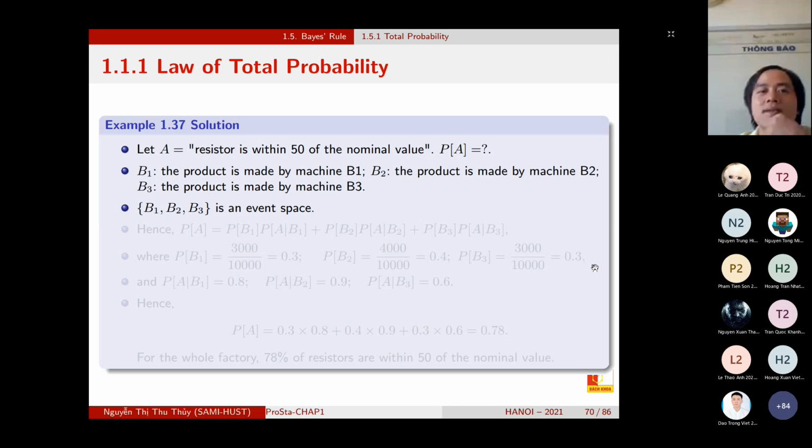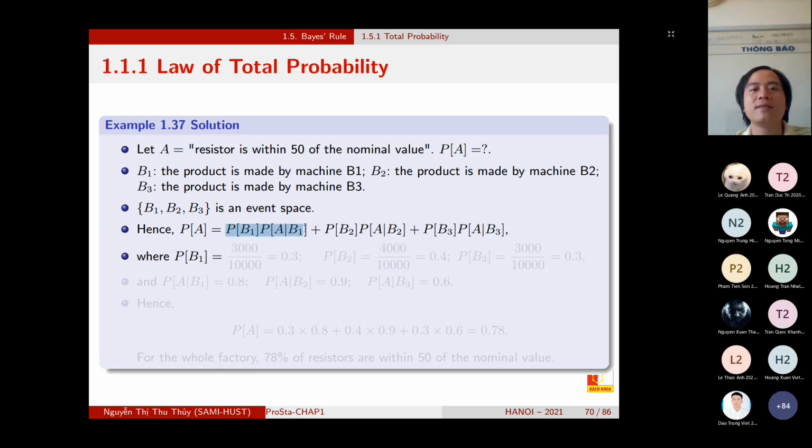There are no other cases. So we can use the law of total probability to compute P(A). We split it in 3 parts. The first part is P(B1) multiplied by P(A given B1). The second part is for B2, and the third part is for B3.